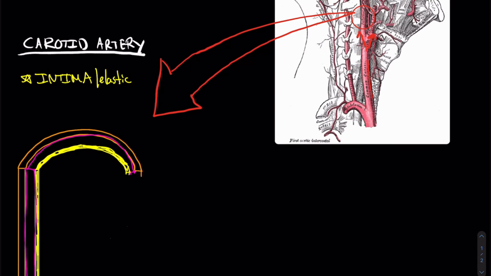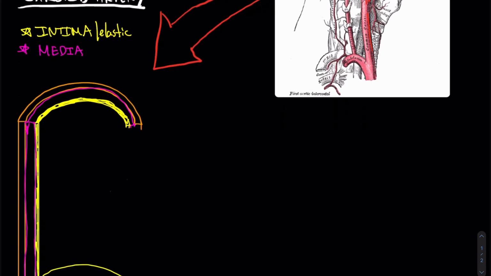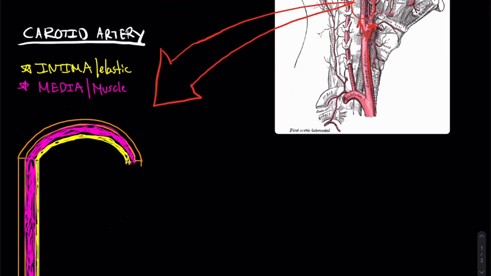Then we have the media. The media is in pink right here, and as you can see, the media is actually the thickest layer of the artery's wall, and it's basically made of muscle tissue. We need smooth muscle inside our arteries because they need to contract or dilate to control and regulate blood pressure.